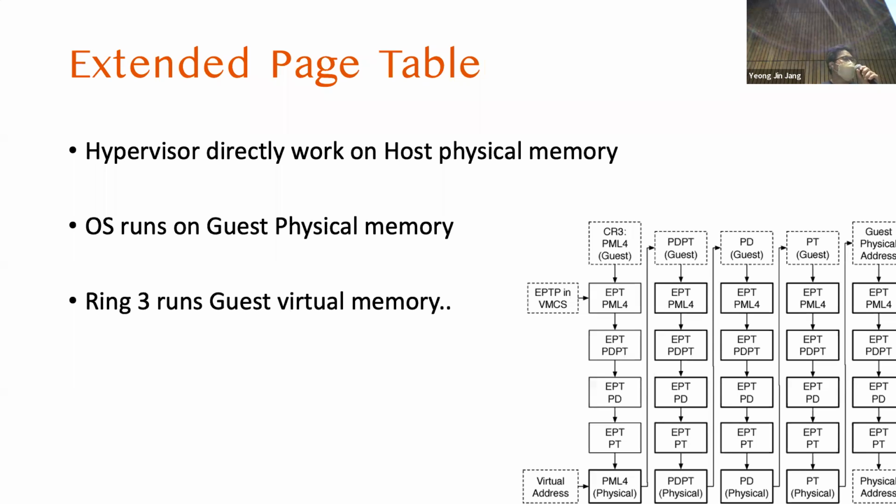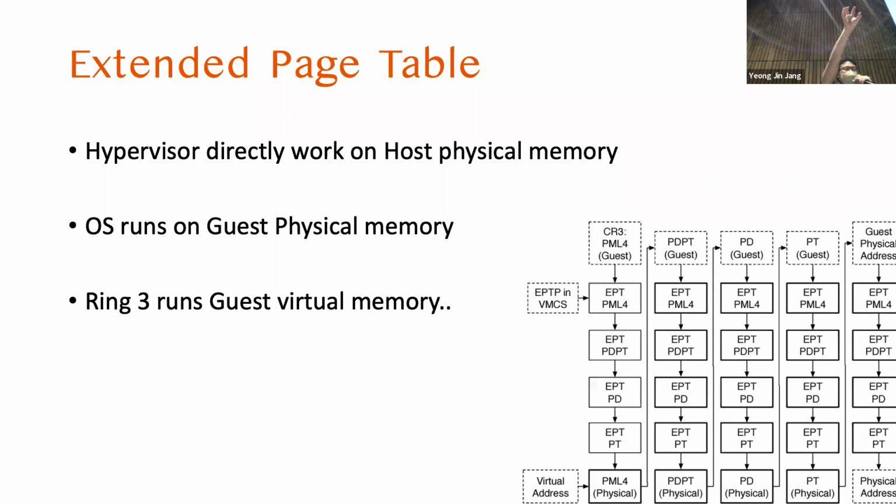It turns out they can reduce the server cost and enjoy all the benefits. So how did Intel and AMD hardware designers implement this? They created the extended page table. What that means is, first, you will have the ring 3 virtual memory.